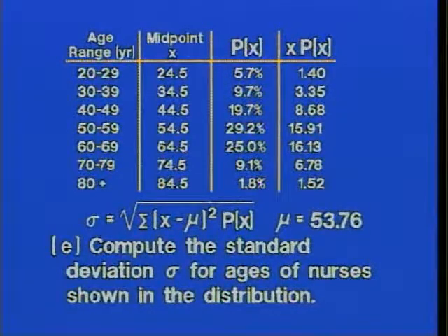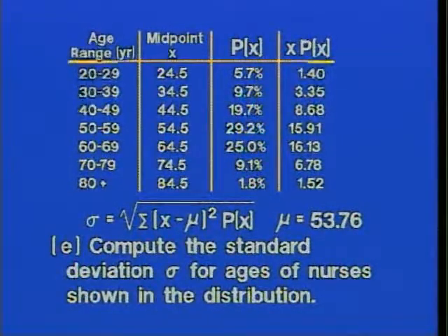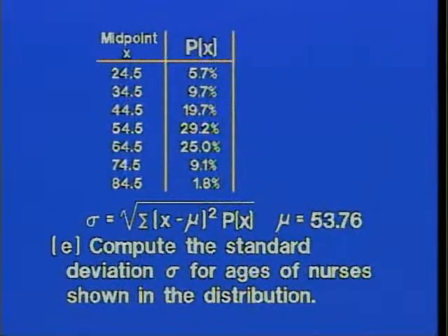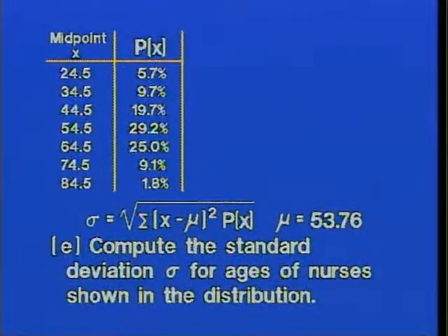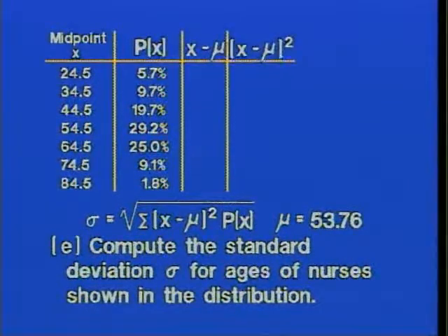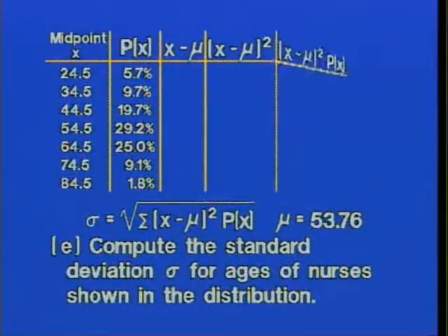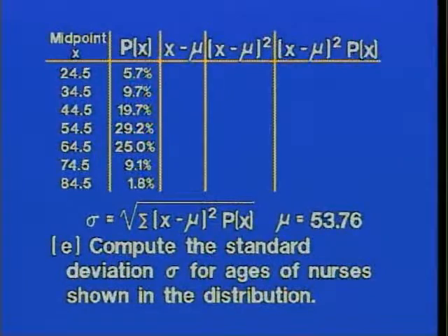It's kind of important to write that down or have that in mind when we make the columns that we're going to make. Now, the columns that are important to us have to do with x minus mu, or x minus the mean, and so we'll make a column for that purpose, and then the squares of those values would be (x minus mu) squared. And then if we take each of those items and multiply times P(x), we'll have the values that we add for the number that goes under the radical.